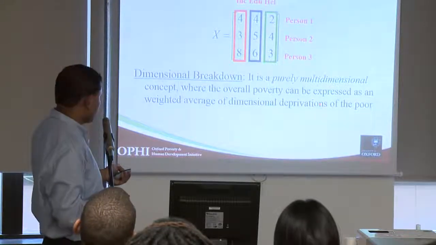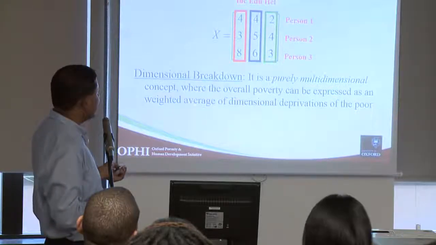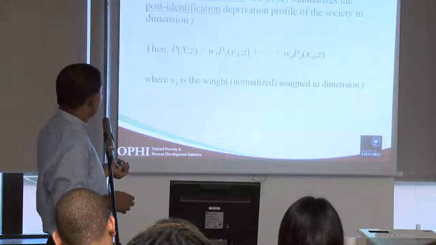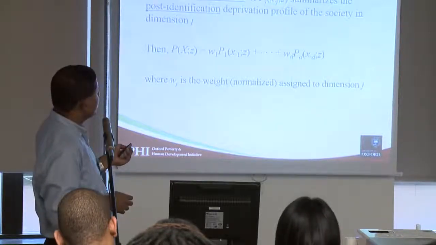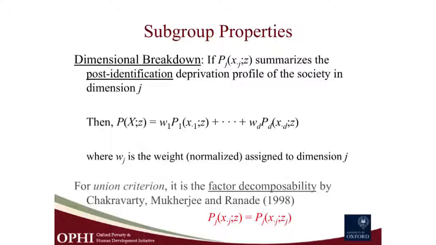So it is of course a purely multidimensional concept where the overall poverty can be expressed as a weighted average of dimensional deprivations among the poor. After you identify the poor, you identify the post-identification dimensional deprivations of income, education and health, and then the overall poverty is just a weighted average of these dimensional deprivations.